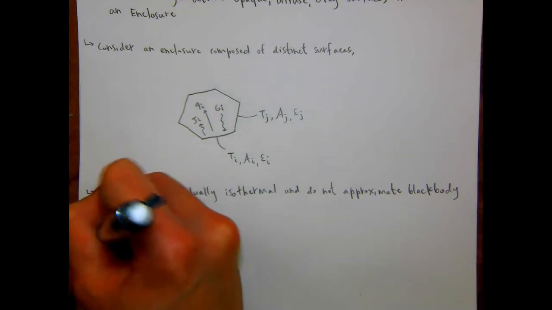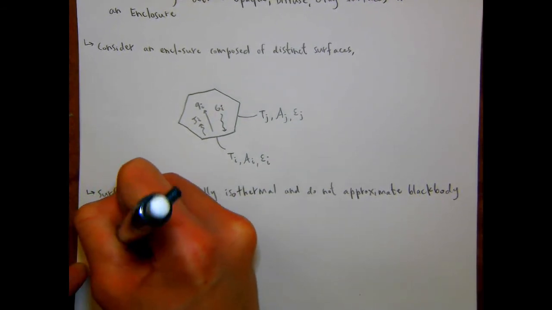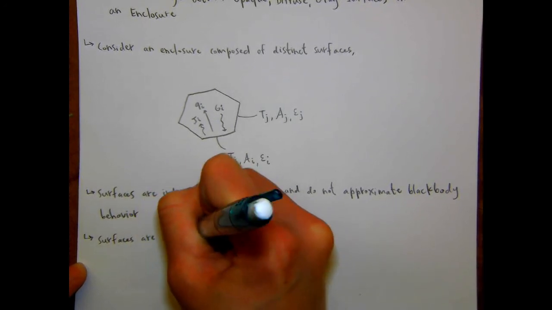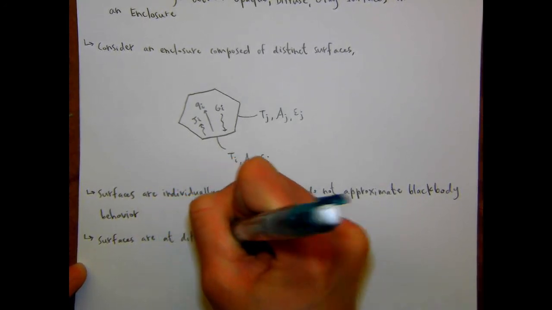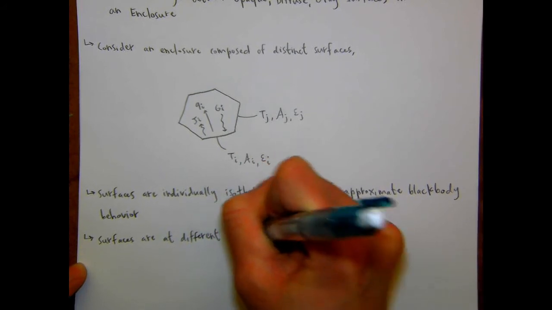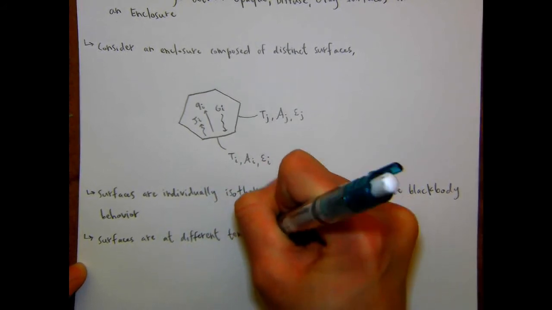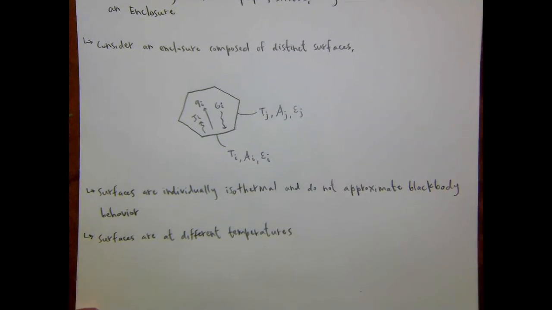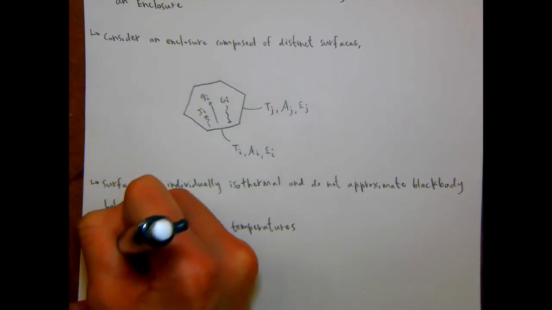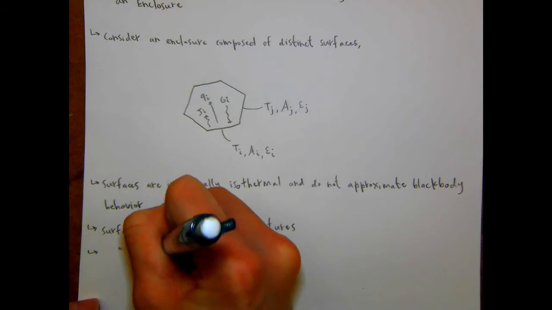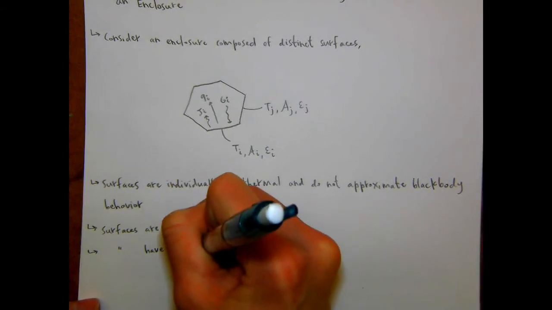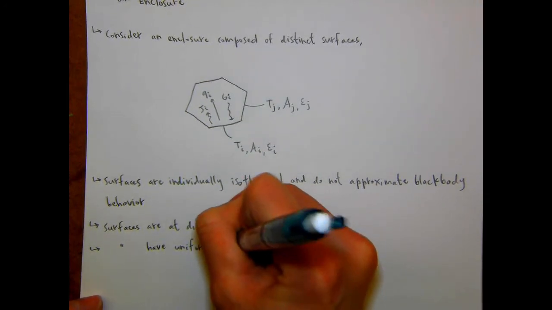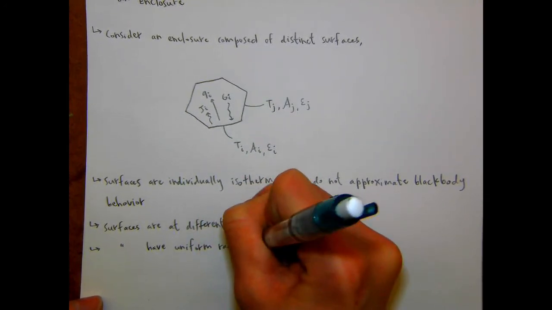Okay, the surfaces are at different temperatures, and they have uniform radiosity and irradiation.